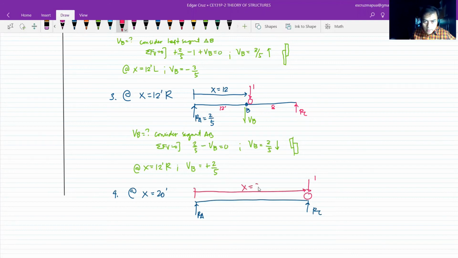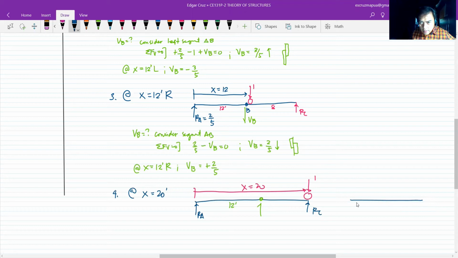X equals 20. So nasaan dyan yung point B? Diba dito yung point B? This is 12 feet. Ano daw yung shear dyan? Okay. So pagka kinat natin yan, cut natin yung AB. So ito yung RA. Anong RA natin when x equals 20?